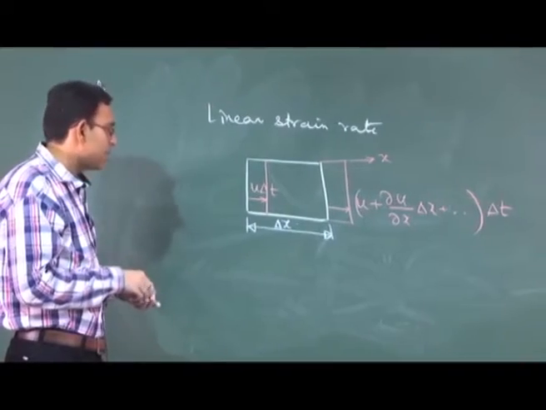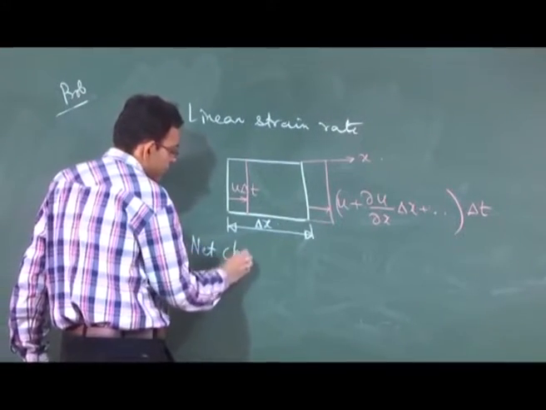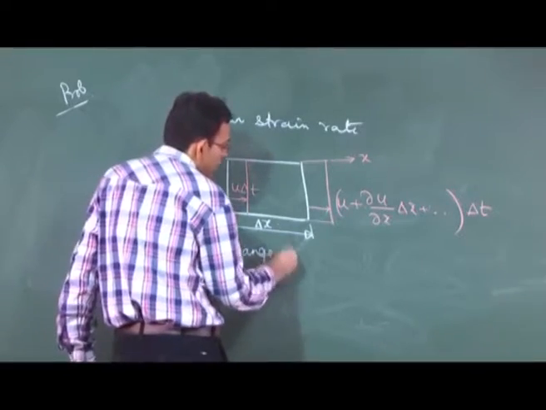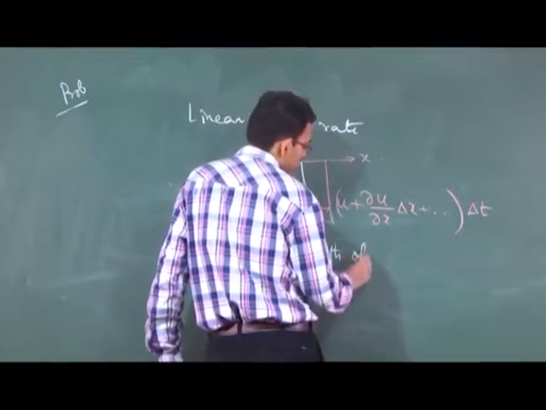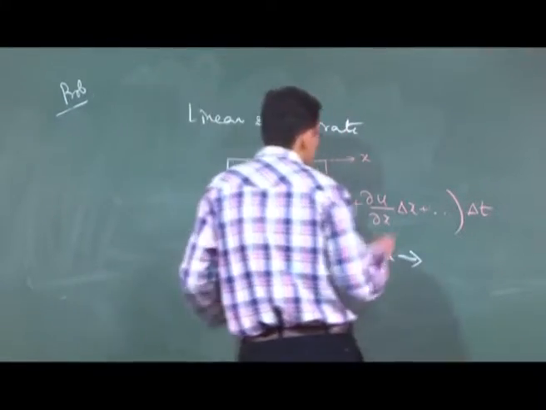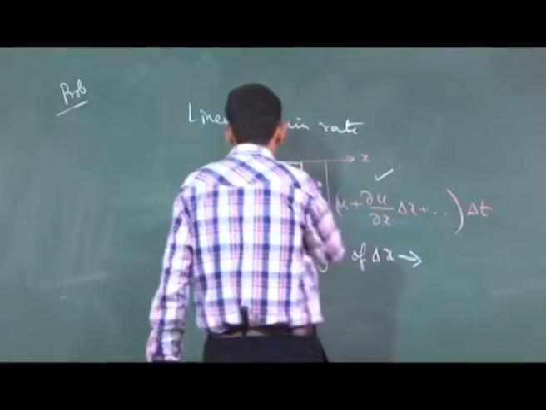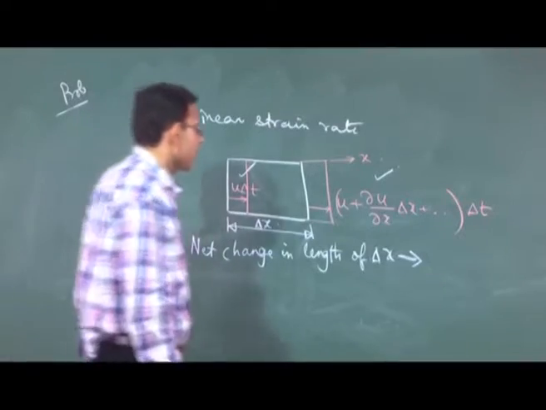So the net change in length of delta x is the difference between these two. This is the difference between this and this. So what is that?